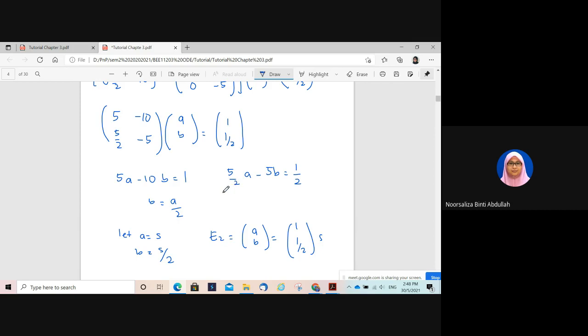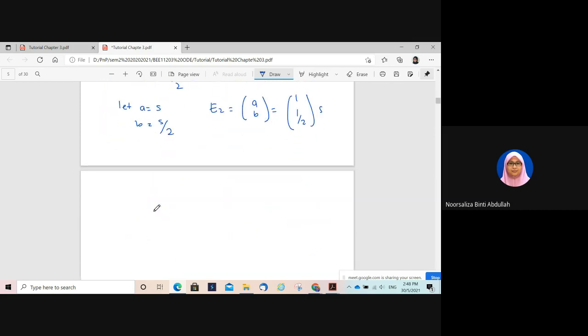Now we have to find eigenvector 2. This one is equal to E1 x plus E2. E1 is 1, so 1 times x plus E2 is 1/2.